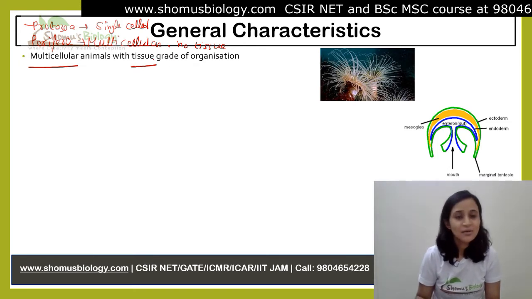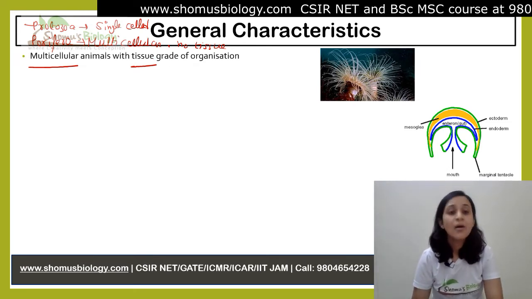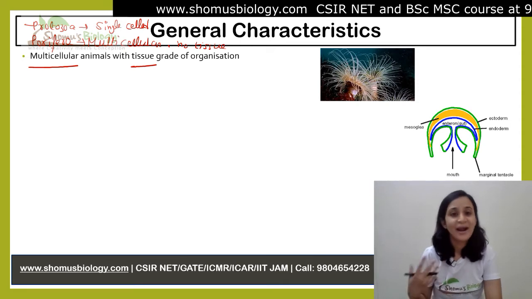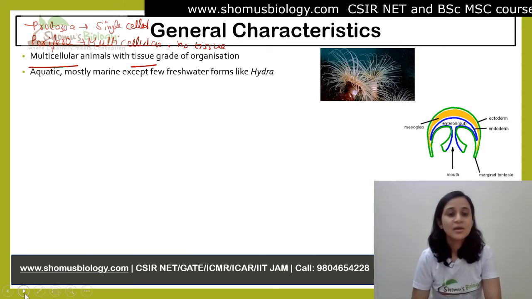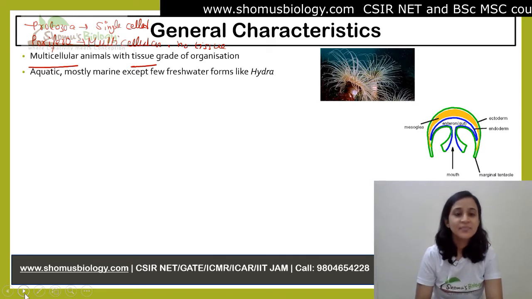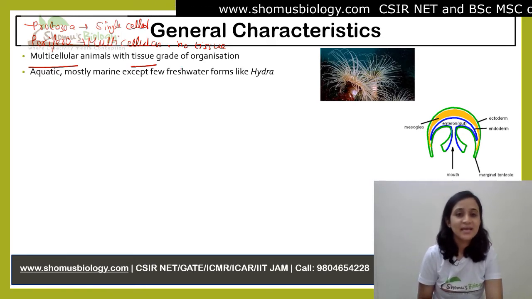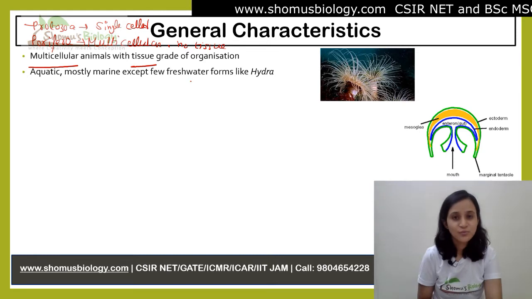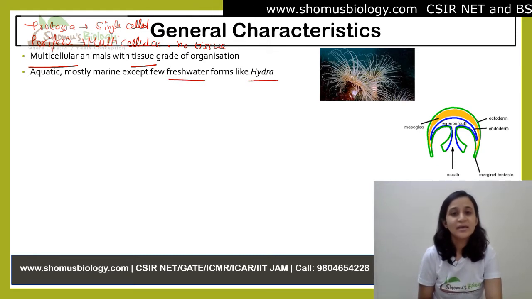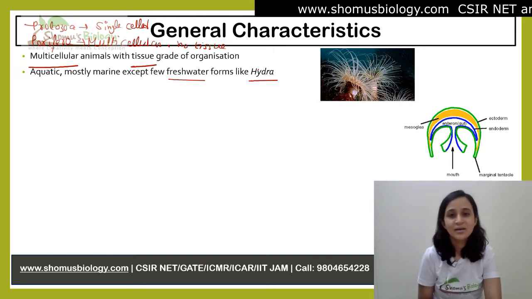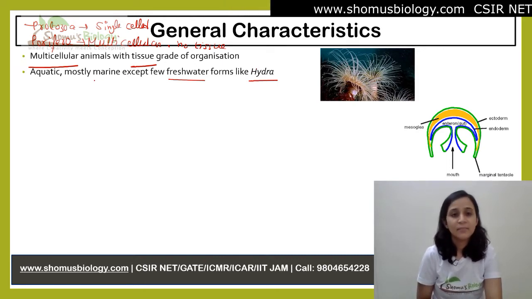They are multicellular, and their multicellular body is arranged in some tissues, and they are aquatic. They are mostly marine, except some few freshwater forms. Hydra is the freshwater form, and other than these, almost all other organisms are marine.